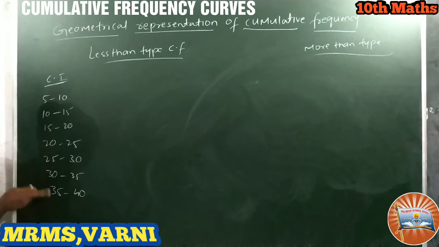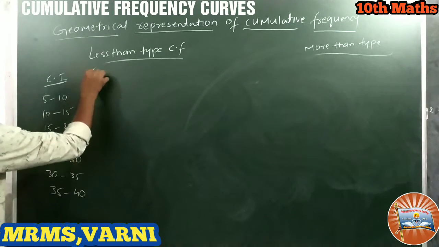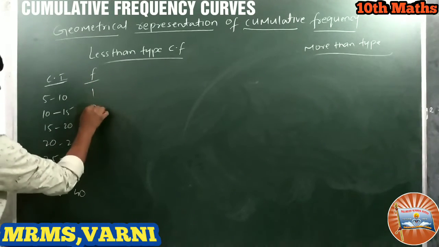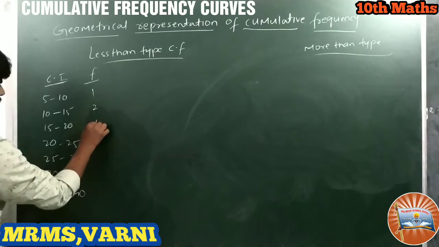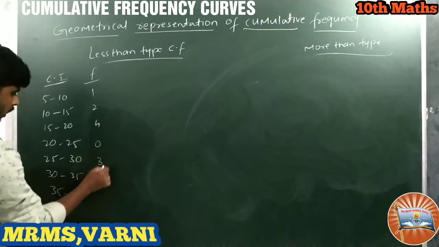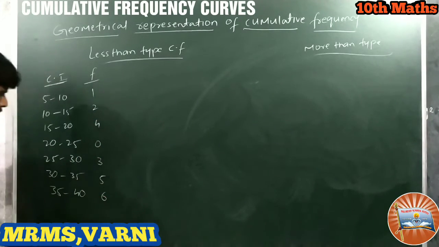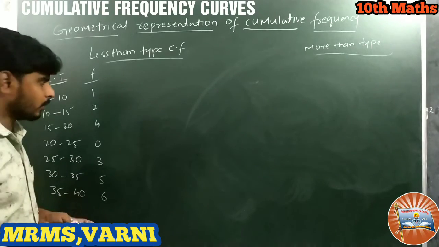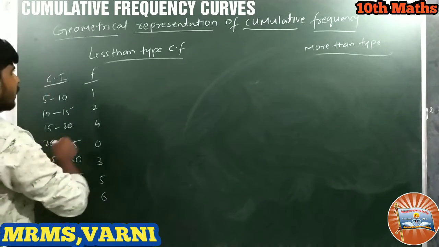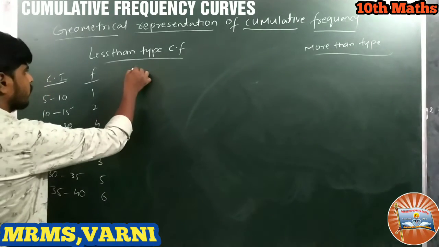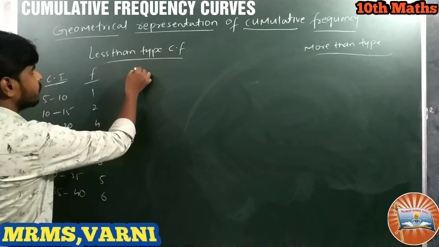That is 7 class intervals. Take the frequencies here: 1, 2, 4, 0, 3, 5, 6. This example you have seen in the previous video also. So for that only I am taking the cumulative frequency graph, nothing but cumulative frequency curve.